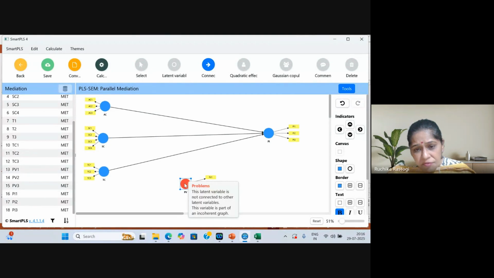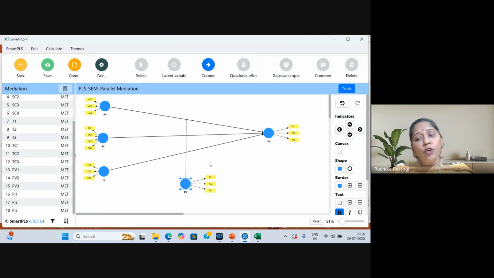And when you make the line towards this, it will come as a dotted line. So we will say that PV has a moderating effect on AC, it is having a moderating effect on SC, and it is having the moderating effect on TC. So this is how we will make it.